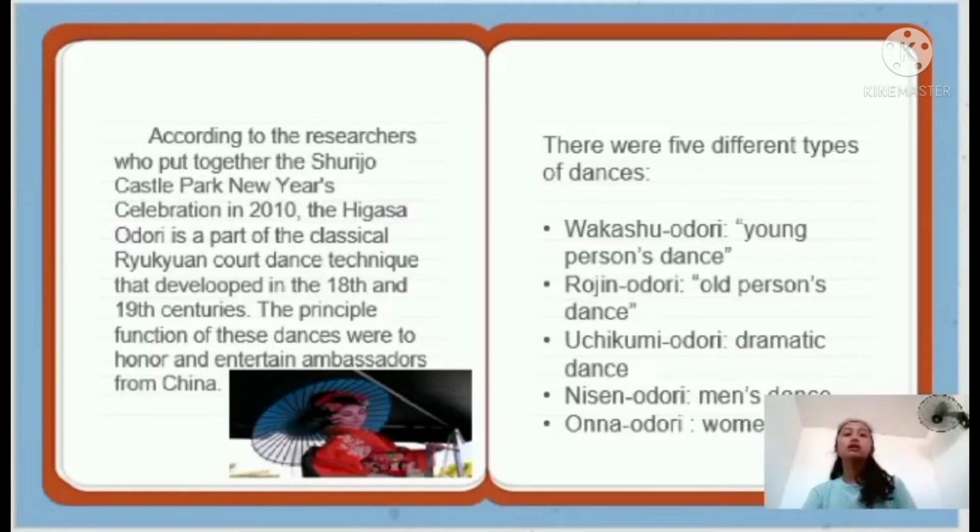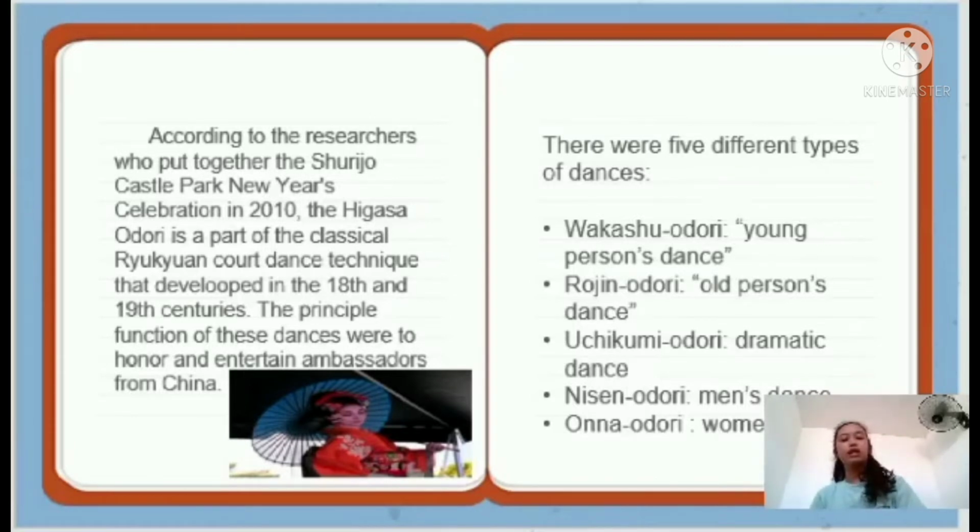So this dance has 5 different types. Those are Wakashu Odori, which means young person's dance, Rojin Odori, old person's dance, Uchikumi Odori, dramatic dance, Naisen Odori, men's dance, and Ona Odori, women's dance.